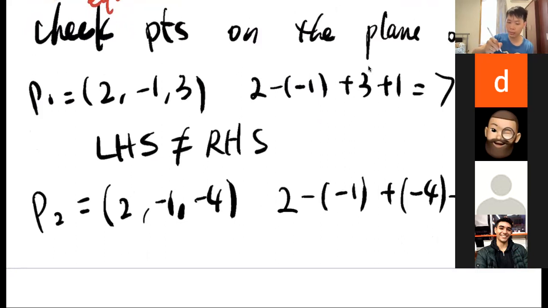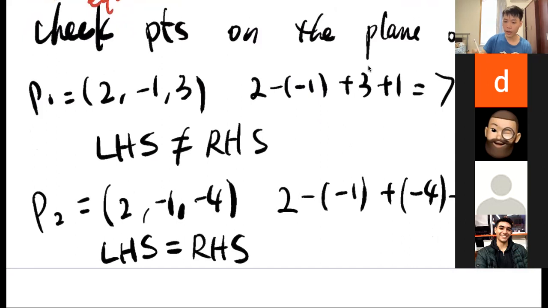So in this particular example, the left-hand side is equal to the right-hand side. That tells you that the equation is satisfied. So for the last example, the equation was not satisfied. That means it is not on the plane.